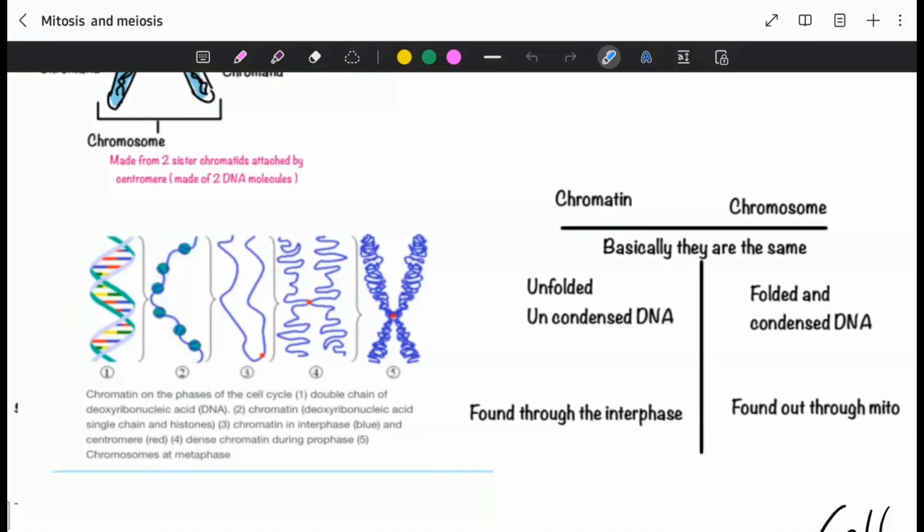The third one is chromatin in interphase. The fourth one is the dense chromatin during prophase, because in interphase it will double up, or replicate. And number 5 is the chromosome at metaphase.